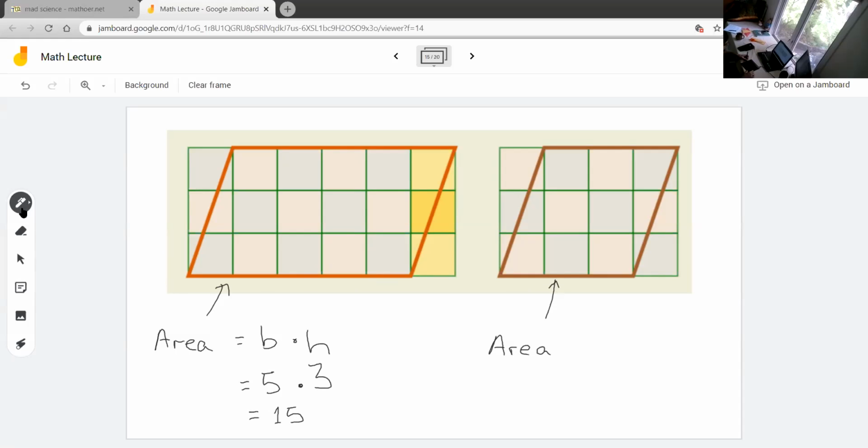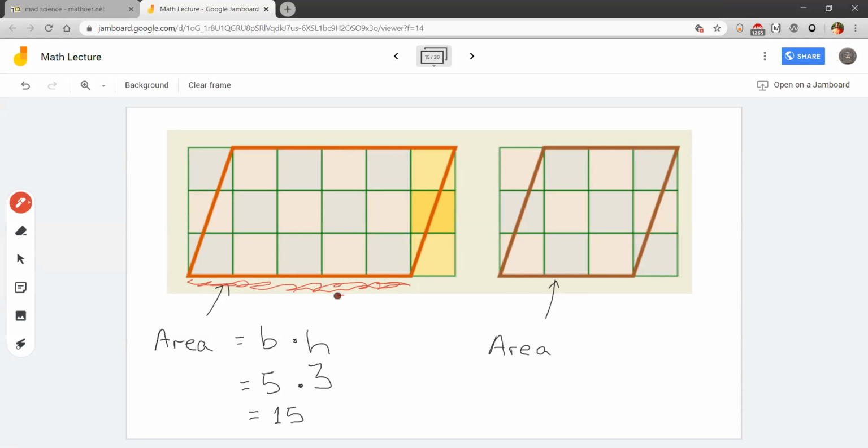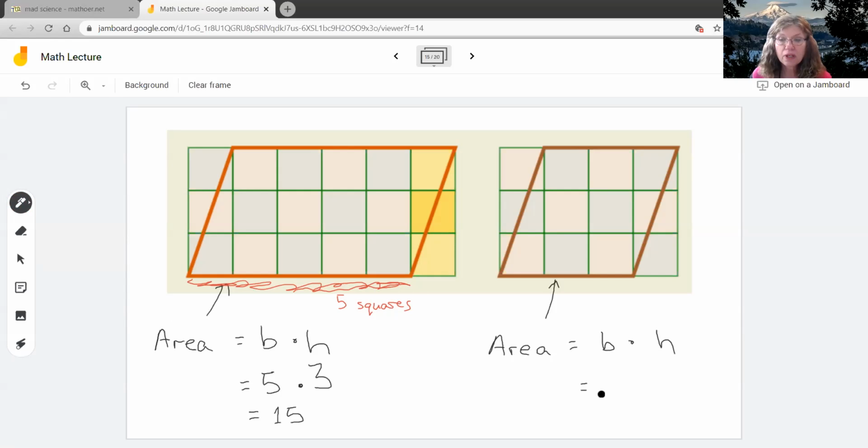No, because my actual base is only the 5. Oh, I see. Three times three, 9. 9, yeah.